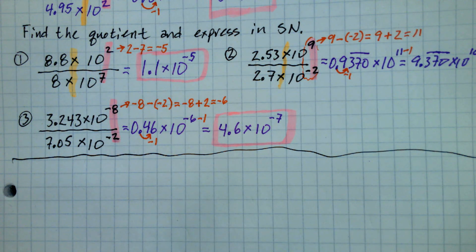So the word problems that usually deal with scientific notation division usually involve one of two things. Well, they involve dividing, and in some situations it's how much larger one thing is to another.